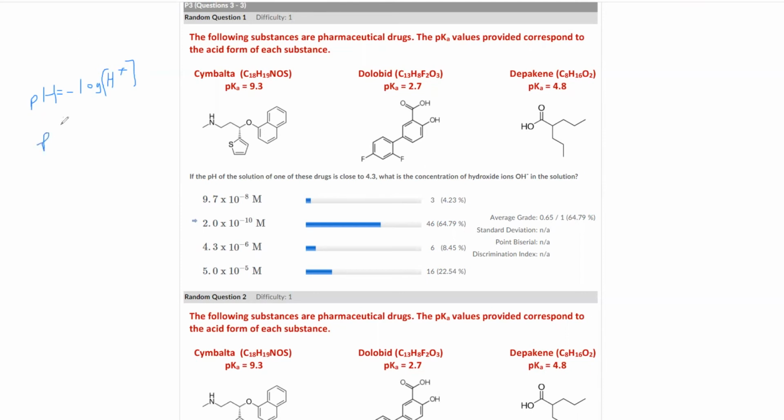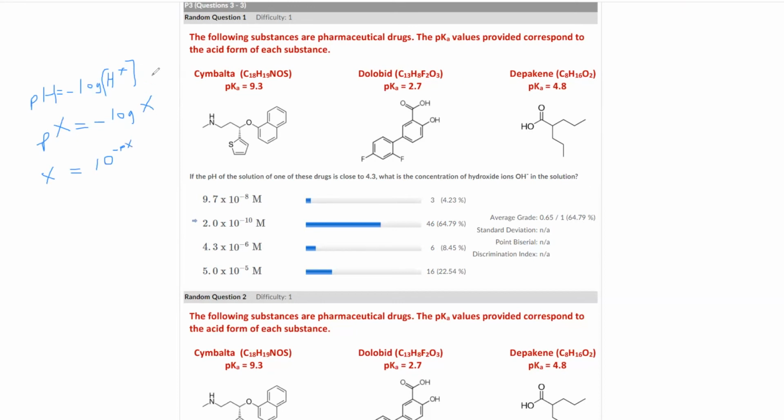So let me remind everybody. If you have pX, pX is always minus log X. And if you want to find X when you know the pX value, X should be equal to 10 to the power of minus pX.